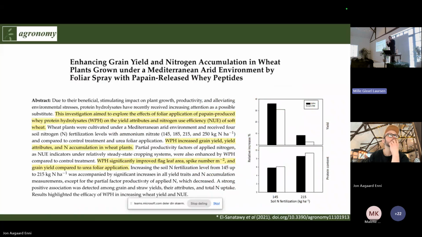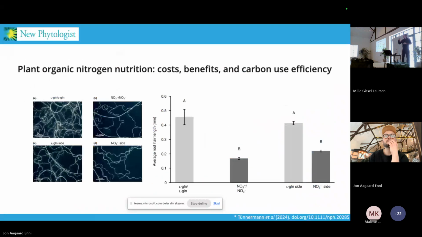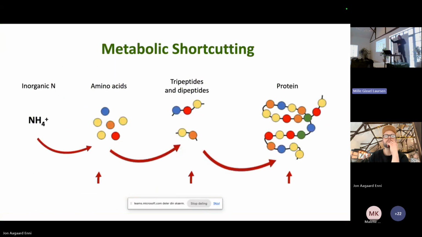So amino acids are, as I've outlined, let's go back to this slide. Amino acids are very metabolically efficient. They save the plant's energy, all of that conversation. But the dollar cost of those amino acids per unit of nitrogen is very expensive.